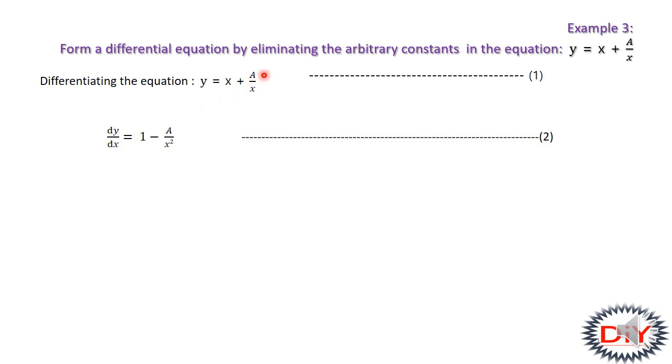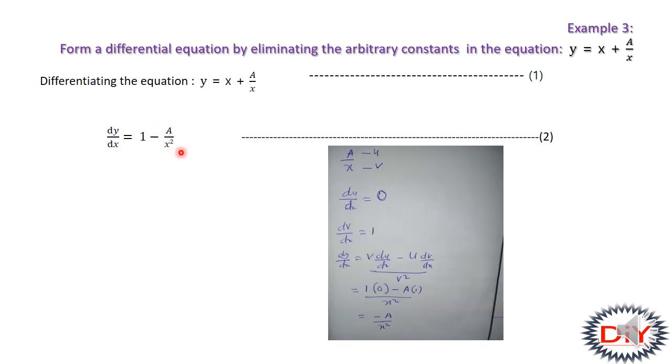If you differentiate this using the quotient rule, we take this one as u, take this one as v, we are going to get our dy/dx to be minus a over x squared. I did that here already. We take a as u, take x as v. Now du/dx is equal to 0 because a is a constant. So differentiating a constant gives us 0. And if you are differentiating x here, we are going to have 1.